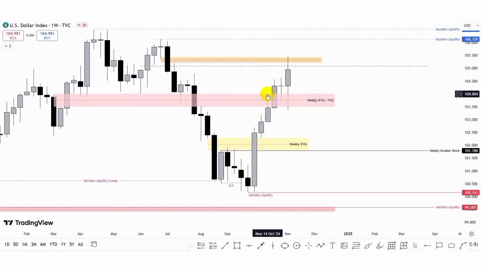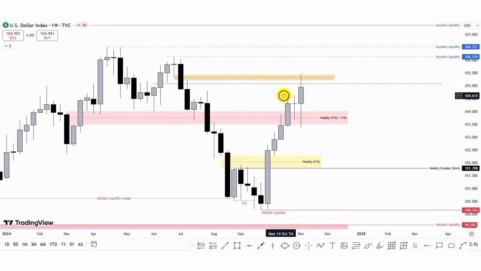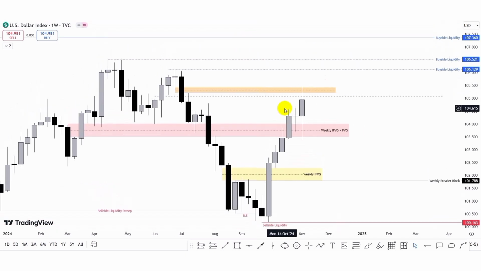Now we can see how price went through the fair value gap and then price took out this buy side liquidity. Price retested the fair value gap as an inversion fair value gap. Price is reacting now at this fair value gap and the mean threshold of the monthly time frame bearish order block. So I'm still expecting bullish move of price in the dollar index.